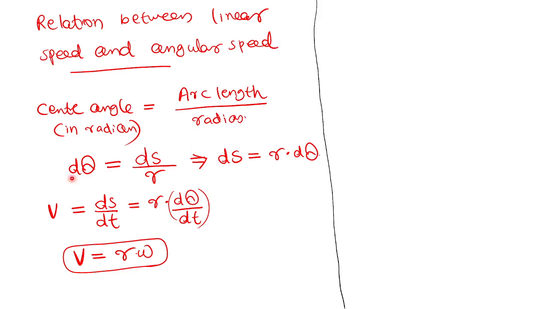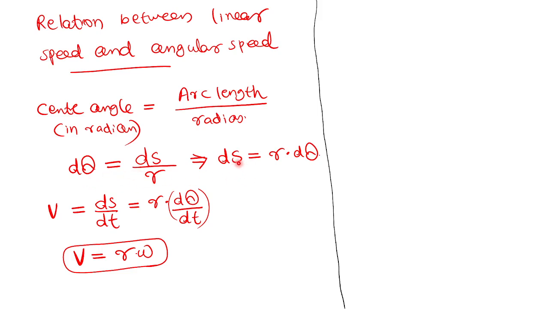That is written here: center angle equals arc length by radius. We obtained this formula from mathematics trigonometry. I just did the cross multiplication and get ds equals r into d theta.